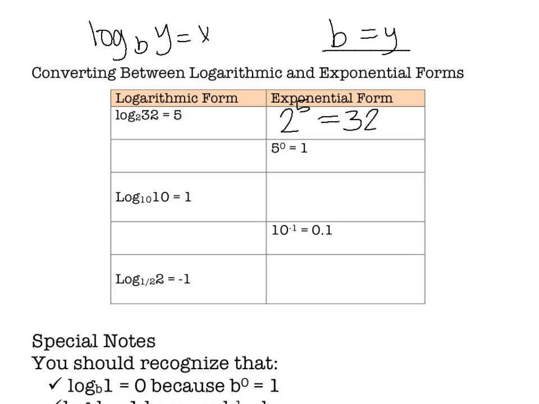Let's take it back the other way. If it helps to label these at the beginning, definitely do that. So 5 is b, my 0 is x, and my 1 is y. If I want to write that in logarithmic form, I would say log base 5 of 1 is equal to 0.